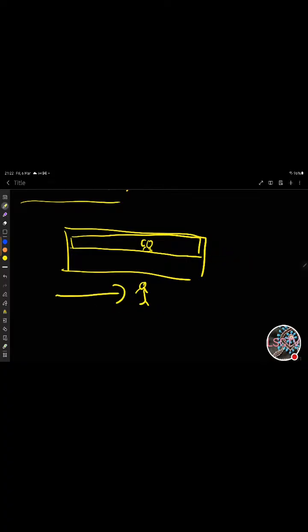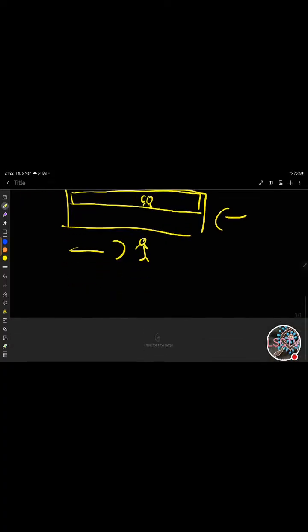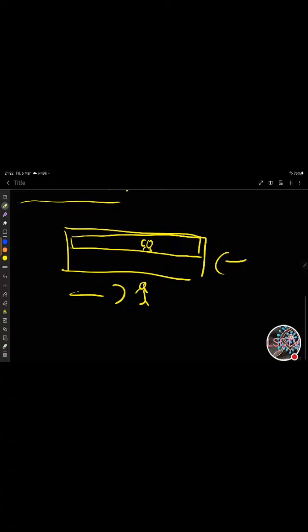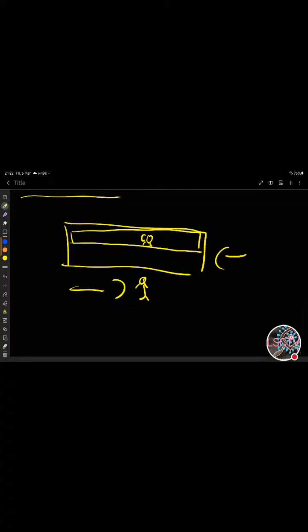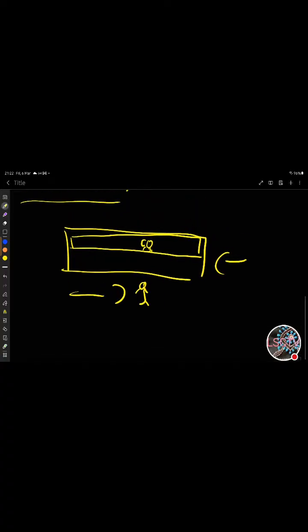You won't feel like you're moving, but it appears as if your friend is moving. Similarly, your friend doesn't feel like he's moving; he feels the train is moving, which is true, of course. So that is the meaning of relative motion. To a person sitting inside a moving object, all the objects outside at rest appear to be moving. However, the person standing outside would see the person inside the moving object as moving.